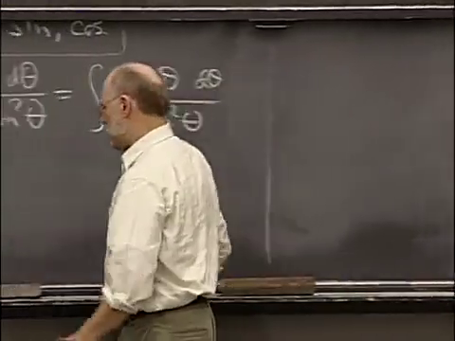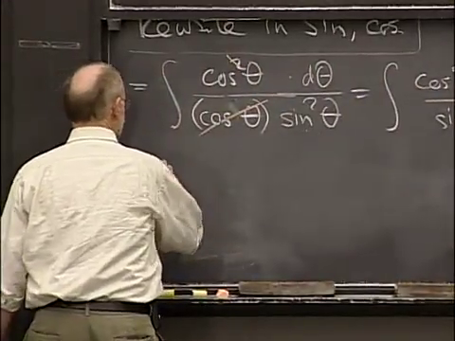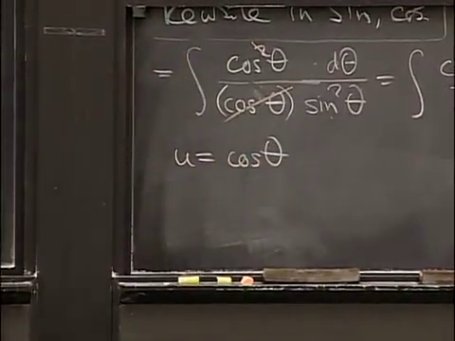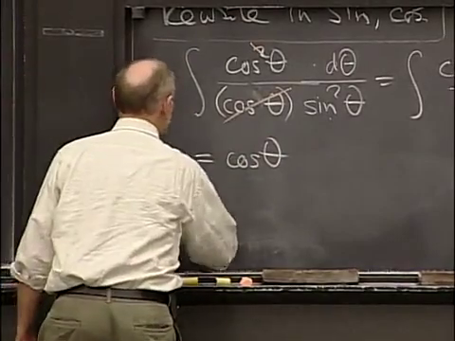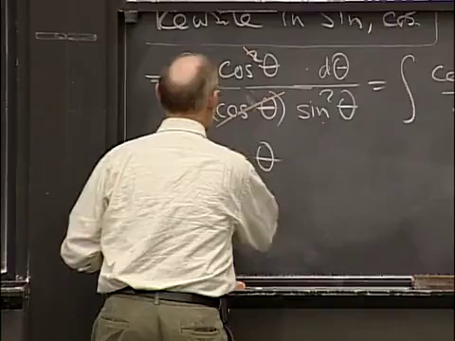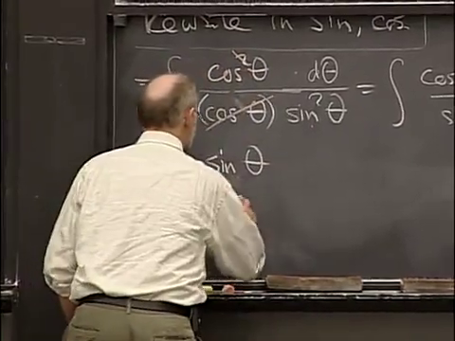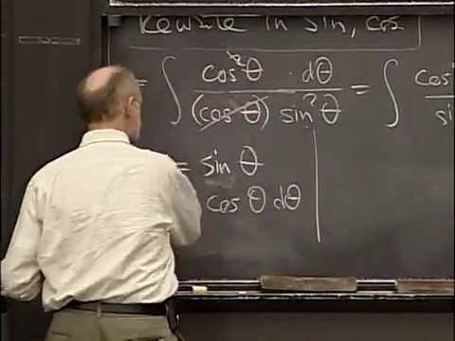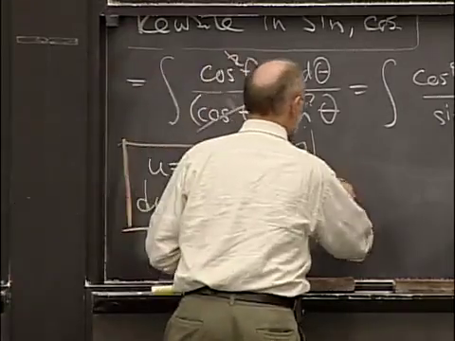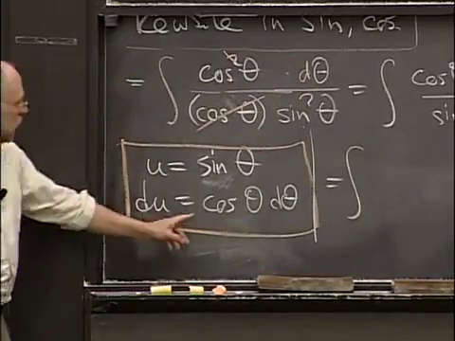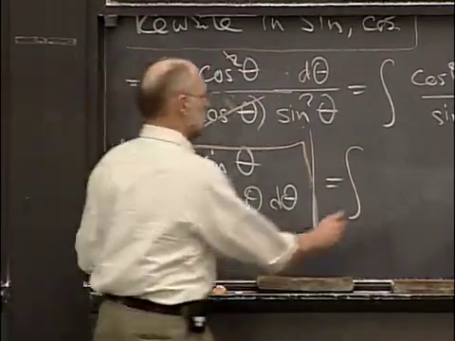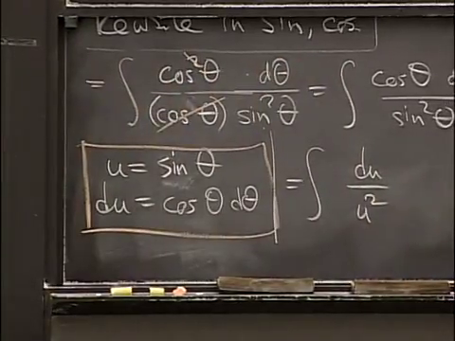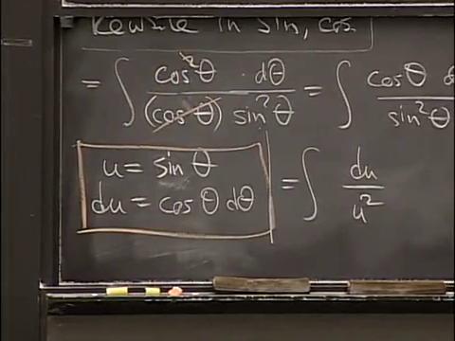And so I'm very much inclined to make another substitution, say u, a direct substitution this time, and say u is the cosine of theta, because then du, oh, I'm sorry, say u is the sine of theta, because then du is cosine of theta d theta, and then this integral becomes, well, the numerator just is du. The denominator is u squared.